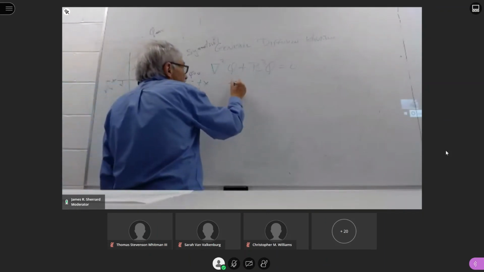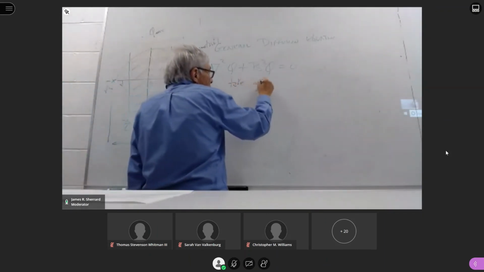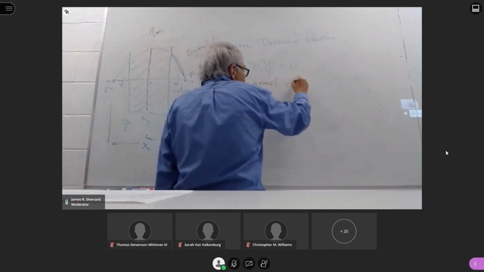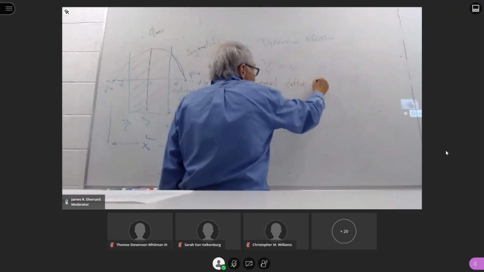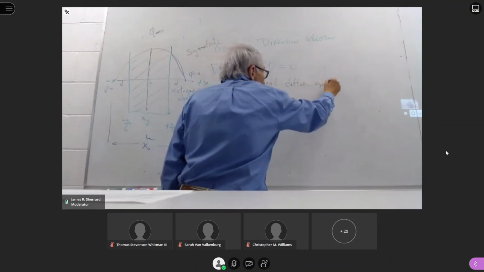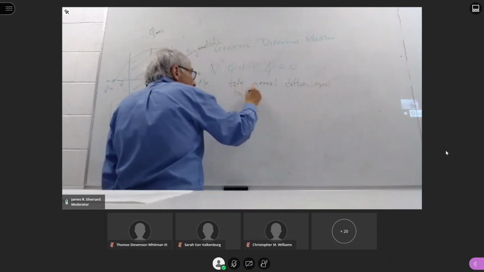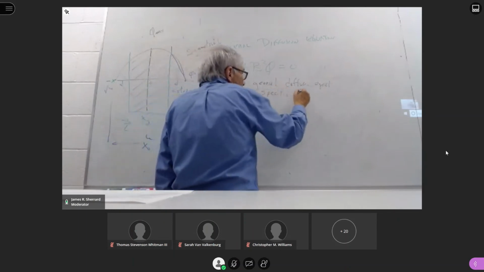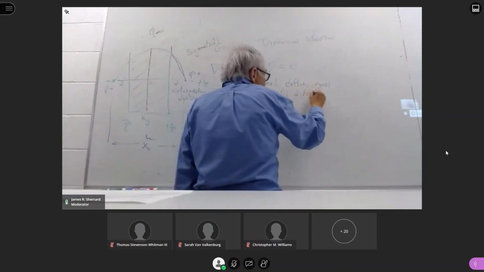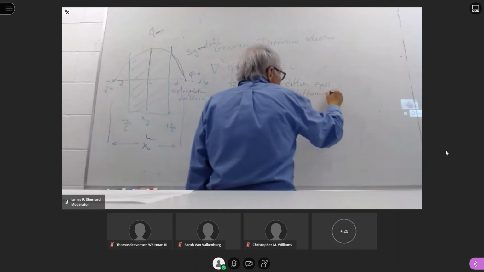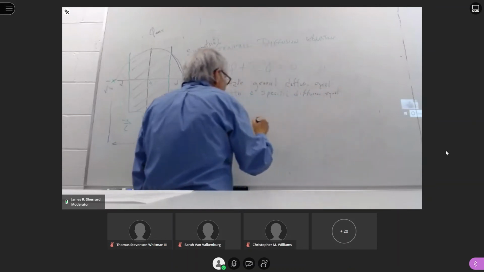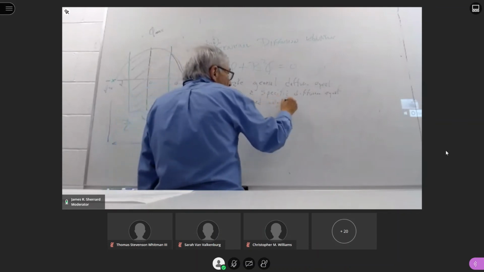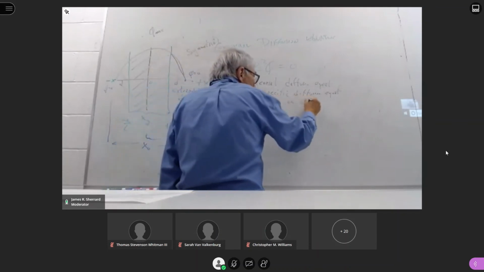So we're going to take the general diffusion equation to a specific diffusion equation based only on shape.